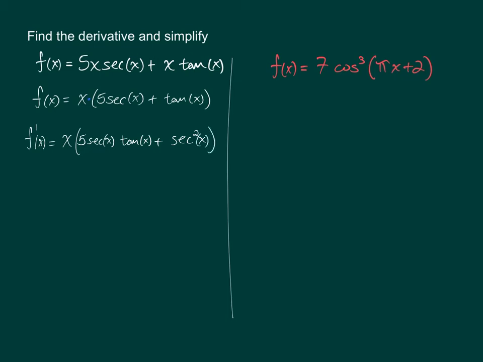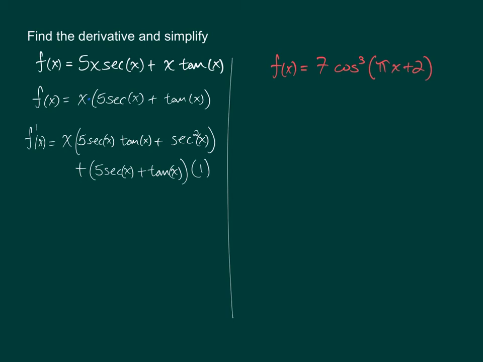So the first term is on the first line there. The second term plus the second, 5 secant x, plus tangent x times the derivative of the first, which is just 1.